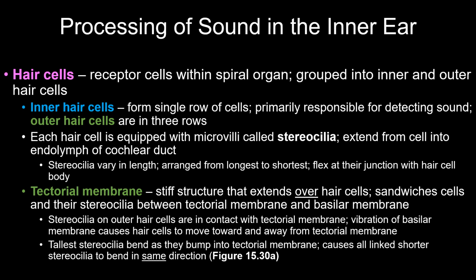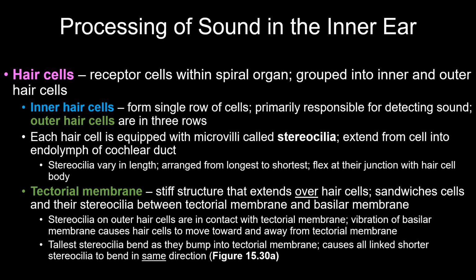Well, the tectorial membrane is a stiff membrane that sits on top of the hair cells so that they're sandwiched between the basilar and tectorial membranes. Now, the stereocilia on the outer hair cells also contact the tectorial membrane, but the stereocilia in the inner hair cells do not.